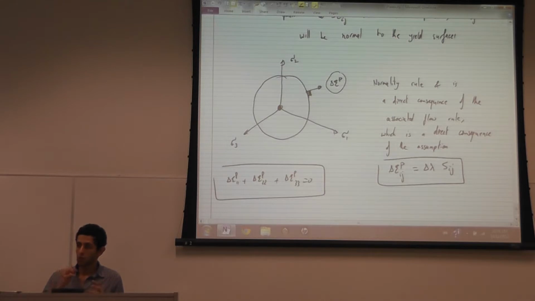So you get a cylinder around this line, and the normality rule ensures that the components of the plastic strain are perpendicular to this line. They're perpendicular to this line, so that means they don't have any component along it. That basically means that the sum of these is 0.